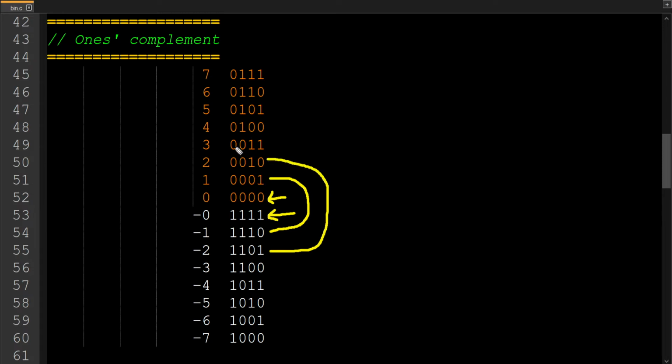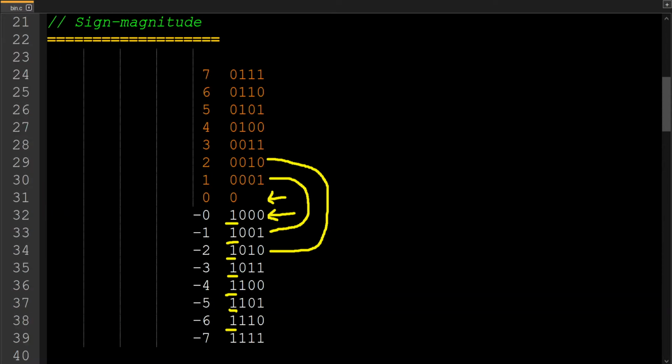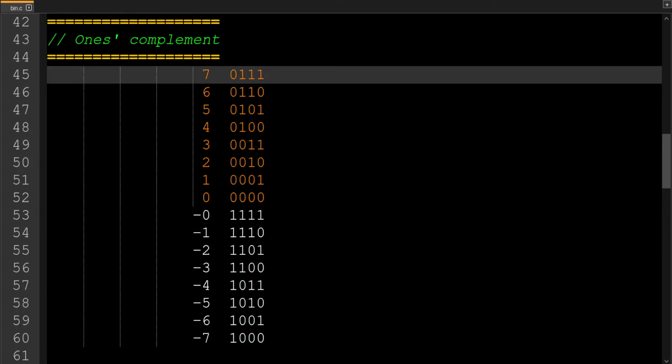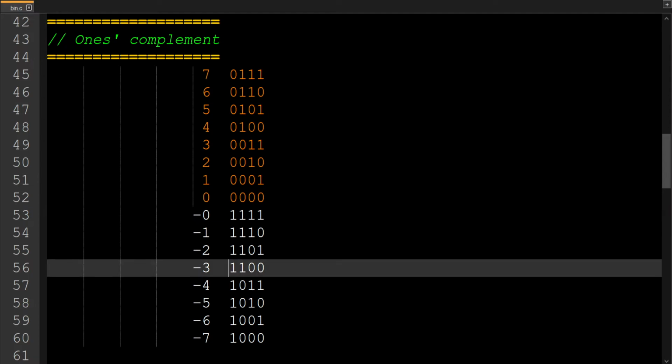So yeah, you just invert all the numbers. And here we see that each number also has a sign bit. As in our first system, we have a sign bit everywhere, and in the ones complement system also, for negative numbers, they all have a sign bit.